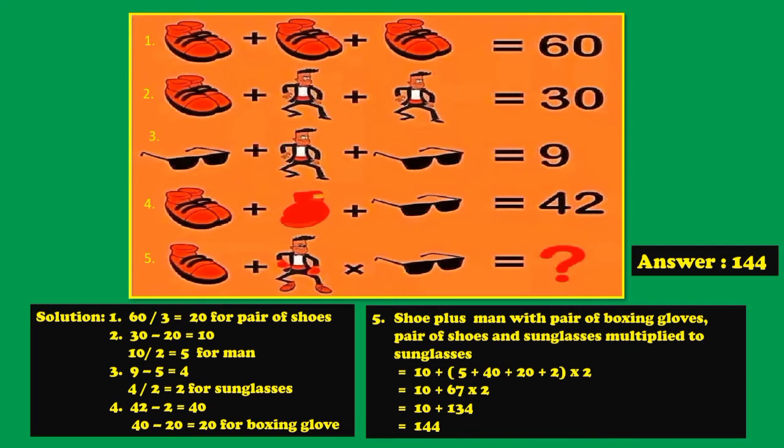Since we have here a shoe added to the product of a pair of boxing gloves, a pair of shoes, and sunglasses, multiplied by the sunglasses with a man.